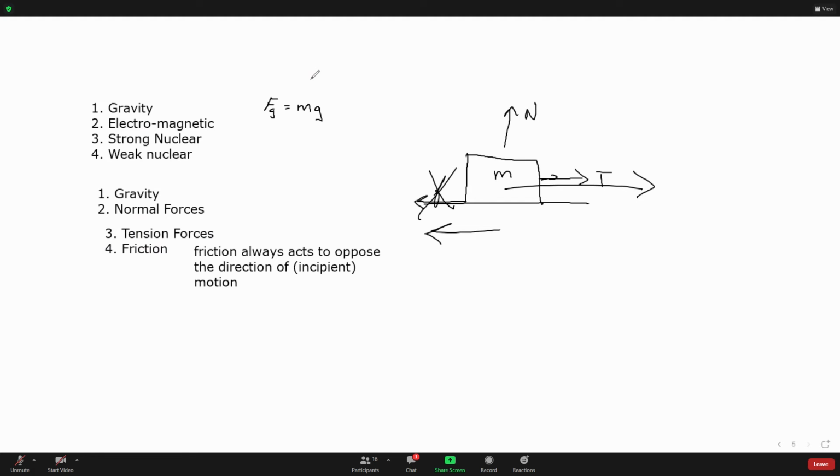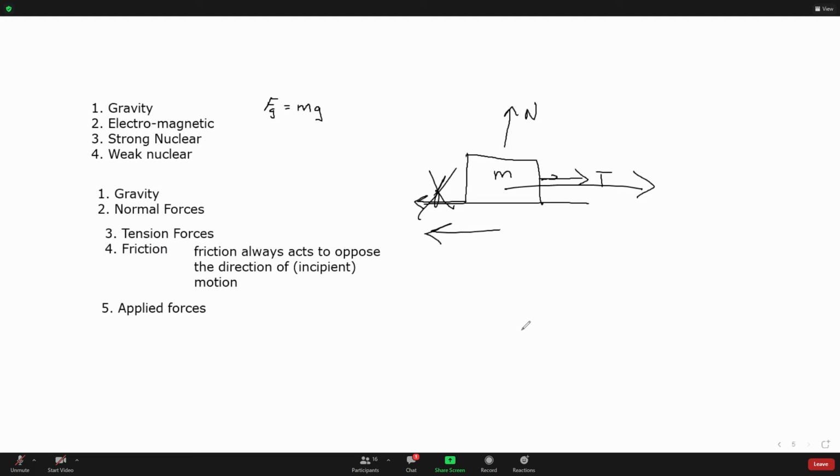And we have yet one more category of forces. The fifth one is applied forces. What do I mean by applied forces? It's just a name, and it means a force that I apply usually with my hand.